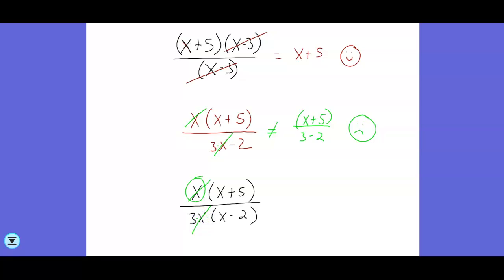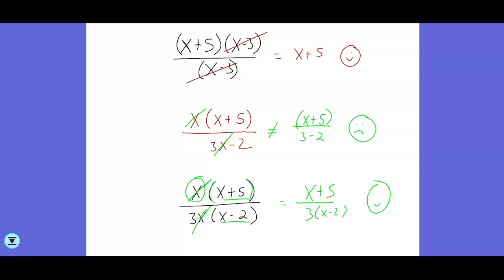So in that case, it can. Anytime a variable is connected to a number or another variable by addition or subtraction, it becomes united to it. It becomes like one piece. So you can't take any piece of this thing separately from the others, but these x's do cancel. And so in this case, you have x plus 5 over 3 times x minus 2. That works. That's allowed. Okay?